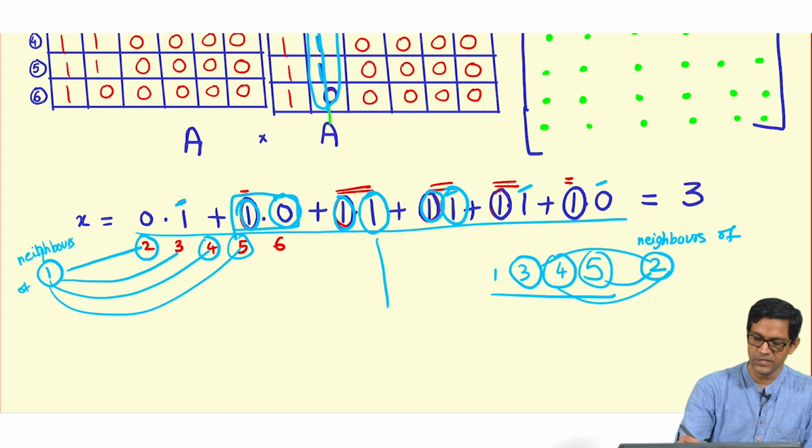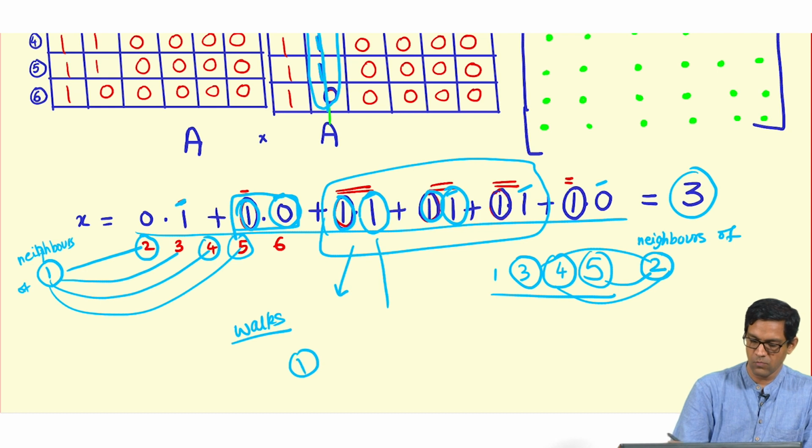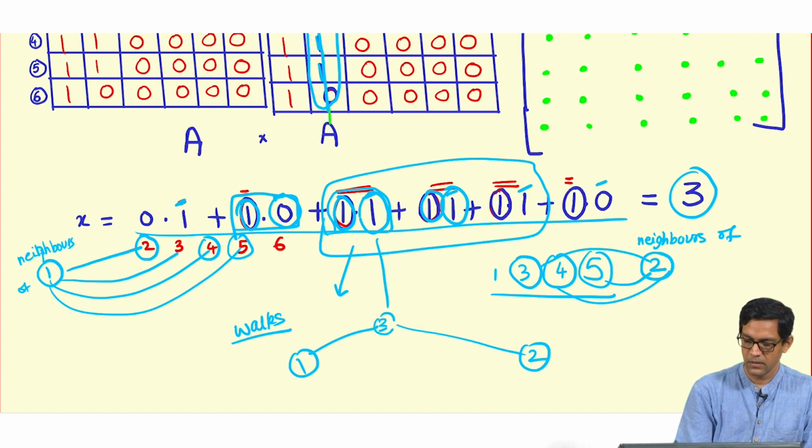Okay. So, each of these 3 terms which finally gave me a 3 as total, what these correspond to are really these 3 walks. So, from 1 to 2, this term here is going through 3. The next term here is just saying I can go from 1 to 4 and then 4 to 2.